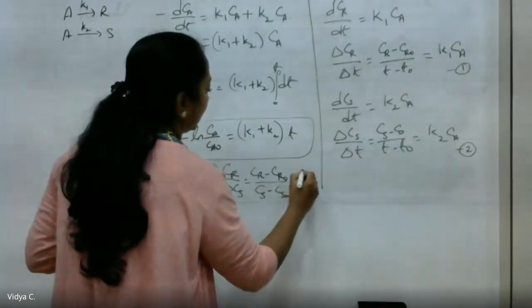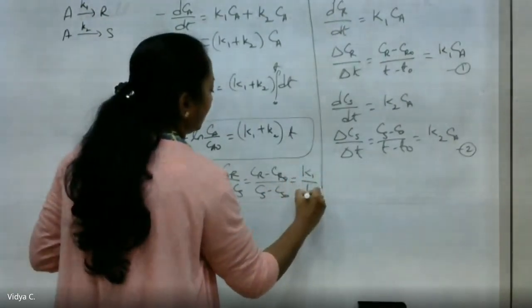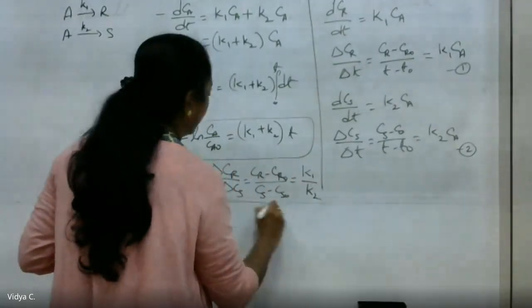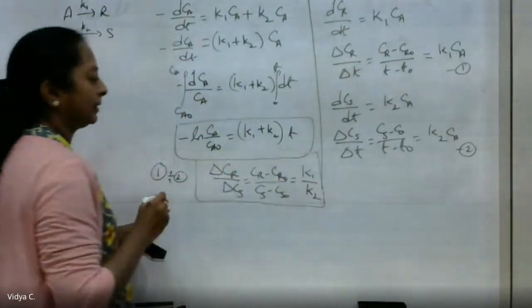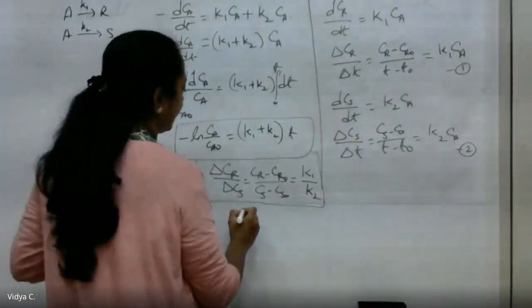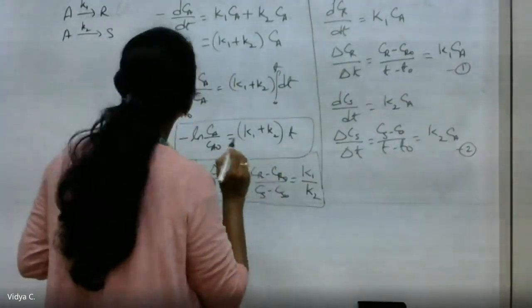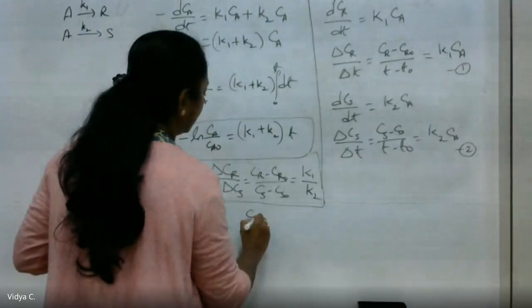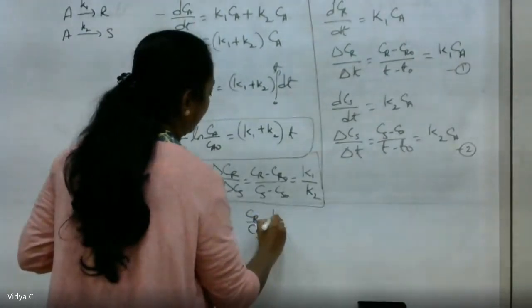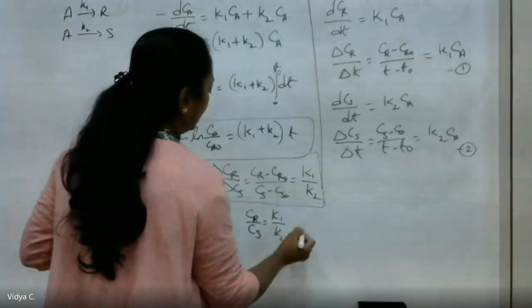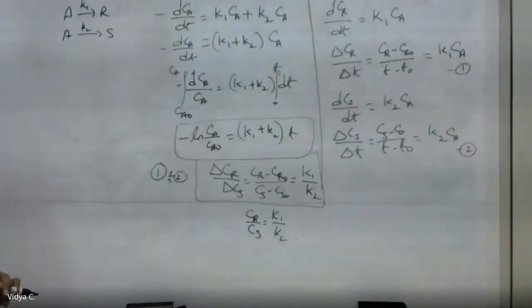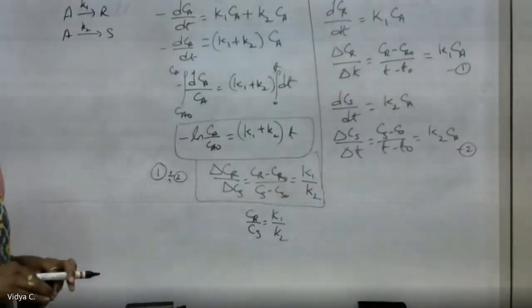This is one equation you should remember. Or what can I write? If initially the concentrations of the products are 0, Cr by Cs can be written as K1 by K2. Make a note of that.